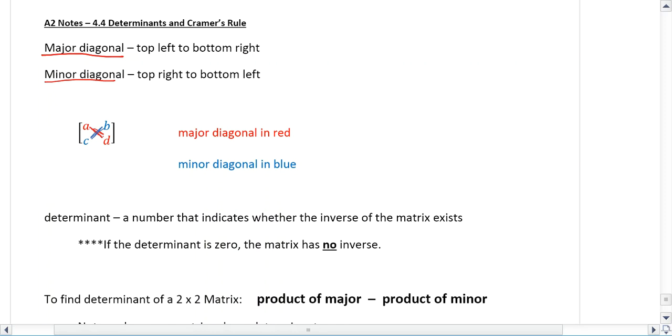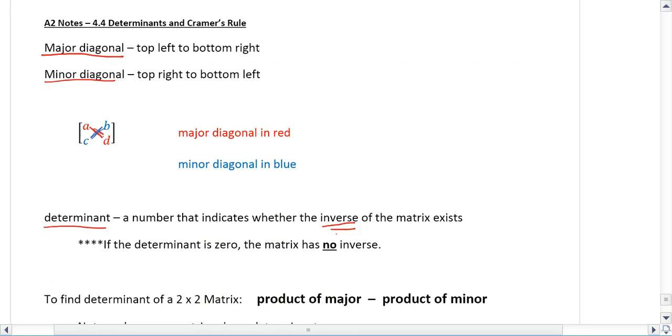Now, I don't have a fabulous definition for determinant because I looked it up in many different places. And as we go through and work with it, I'll try to describe a little better what it is. But one thing a determinant tells us is whether or not the matrix we're talking about has an inverse.